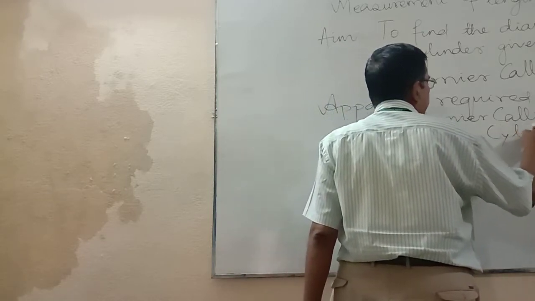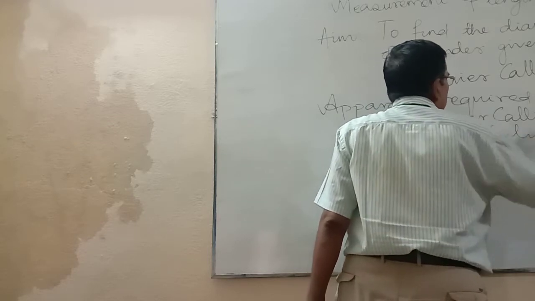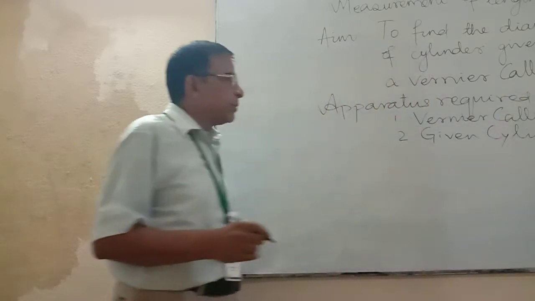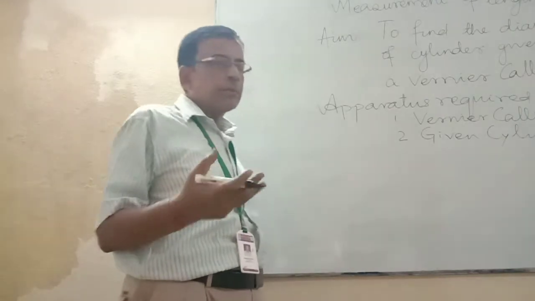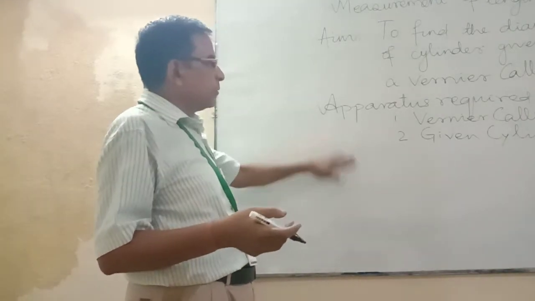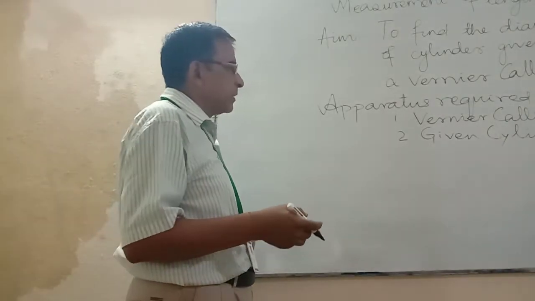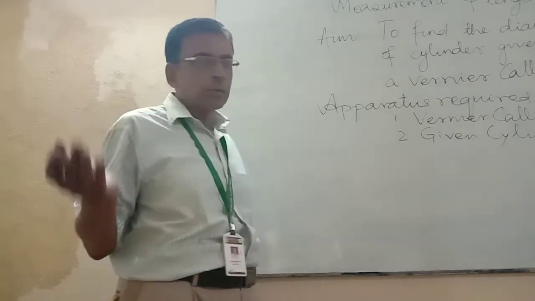Sometimes it may be asked to find the volume of the cylinder. It will be a problem. So first of all, we should know the diameter of the cylinder. Then we will go for some other calculations.